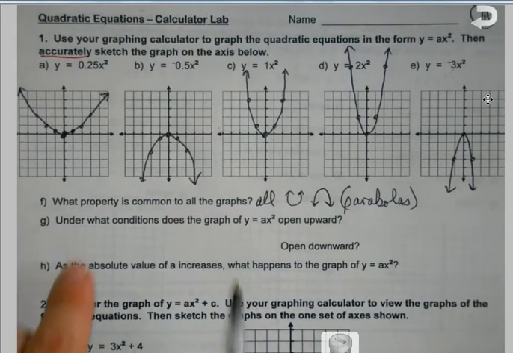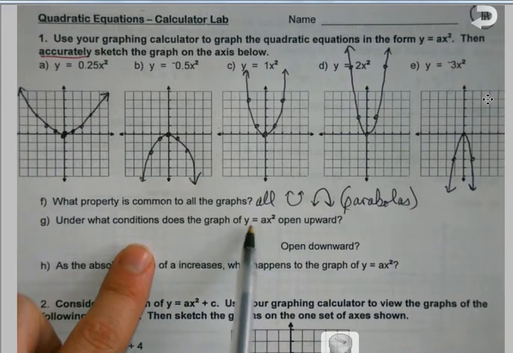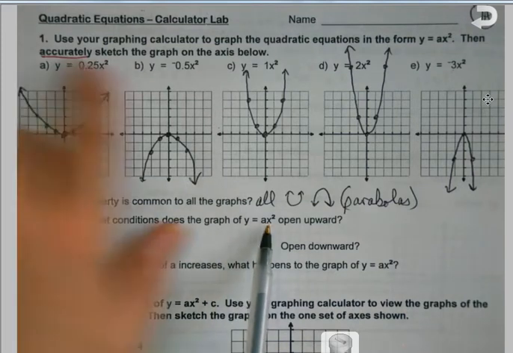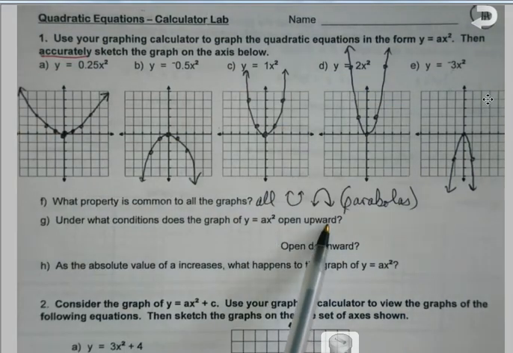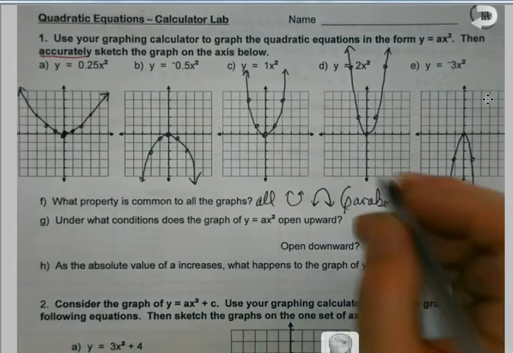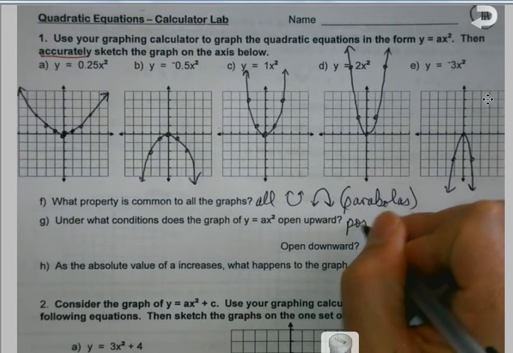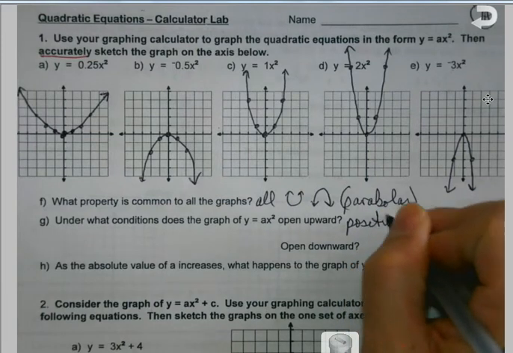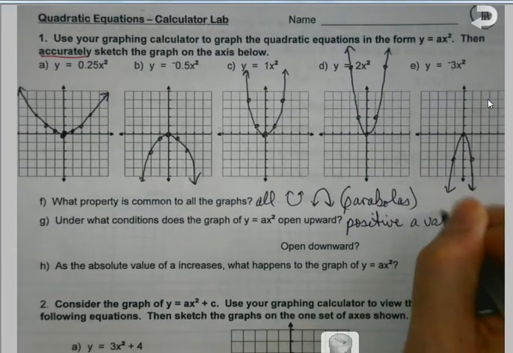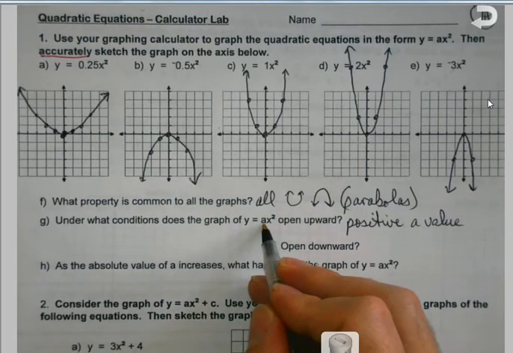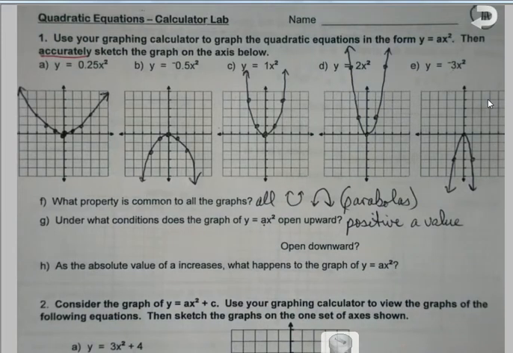So let's see here. Under what conditions does the graph of y equals ax squared, which is what these are all in, open upward? What do you notice about all of them that open up? Yeah, they all have a positive a value, and that's just what we call whatever our coefficient is in front of our x squared term.